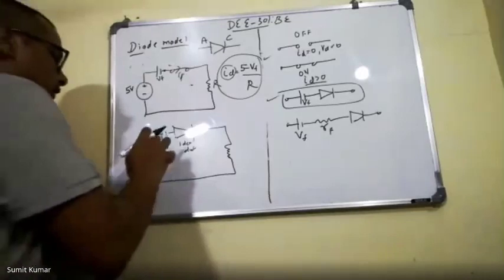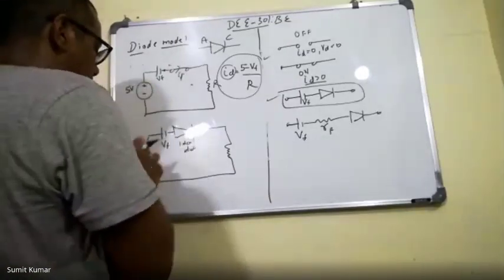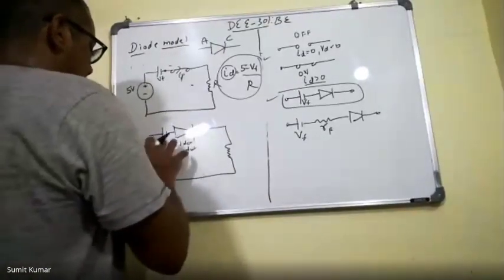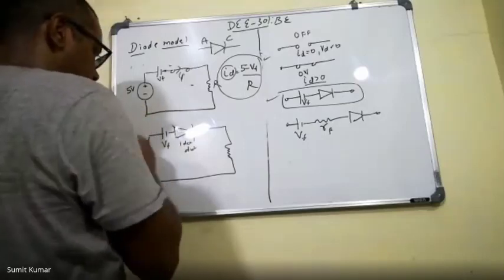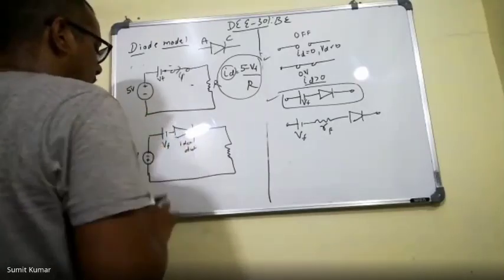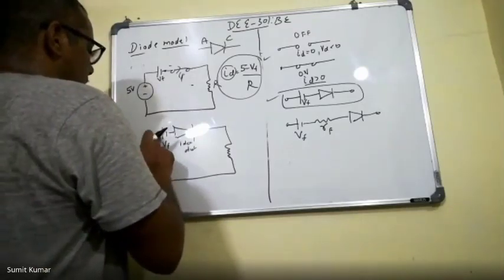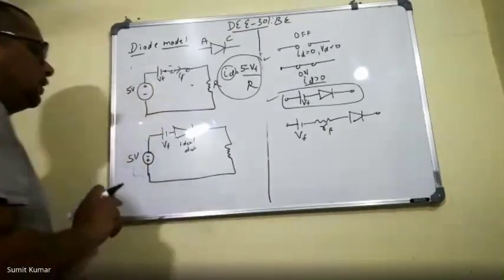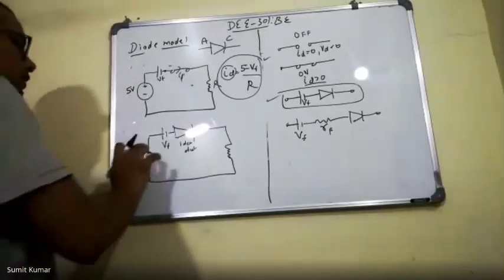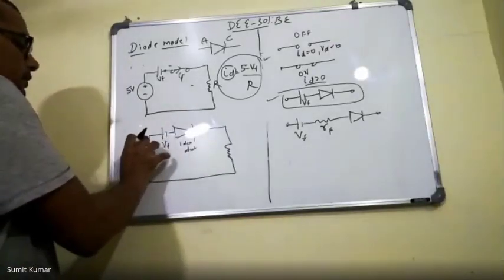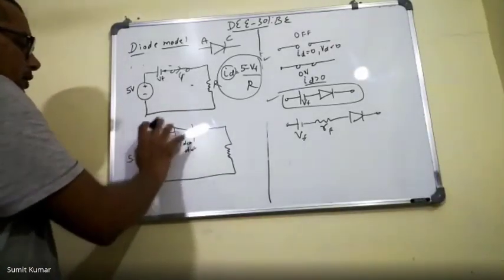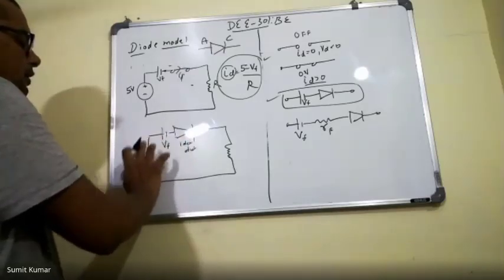Similarly, we can solve this problem, and if we apply the ideal diode model here, you can see this voltage and this voltage are supporting each other. So there will be more negative, 5 plus Vf. The negative of this and this voltage will be added.